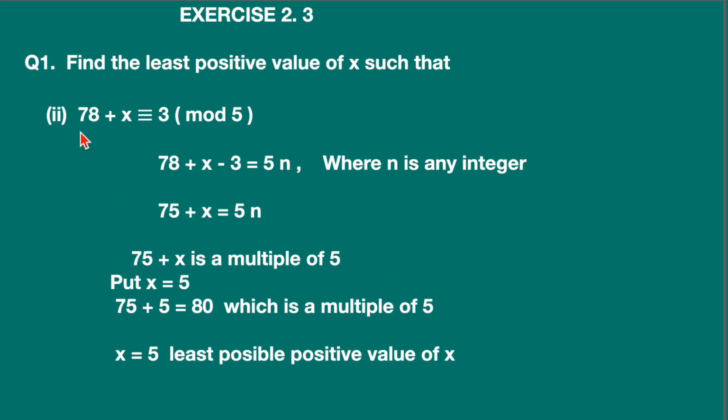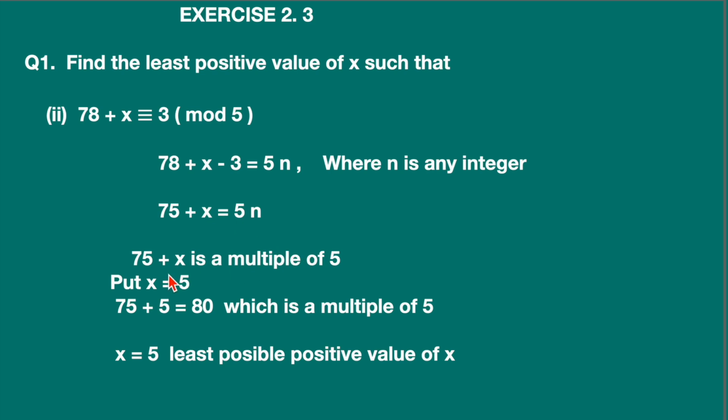Next sum: 78 plus x is congruent to 3 mod 5. Let's write 78 plus x minus 3 is equal to 5n, where n is any integer. Simplify this: 78 minus 3 is 75, plus x is equal to 5n. That means 75 plus x is a multiple of 5.